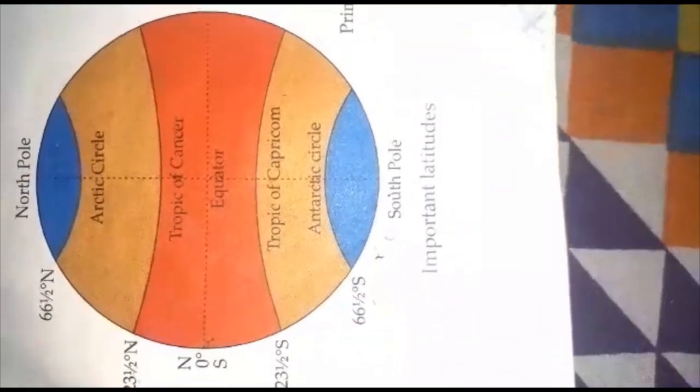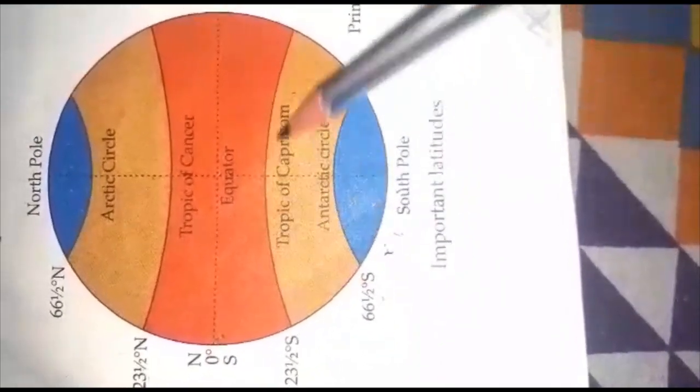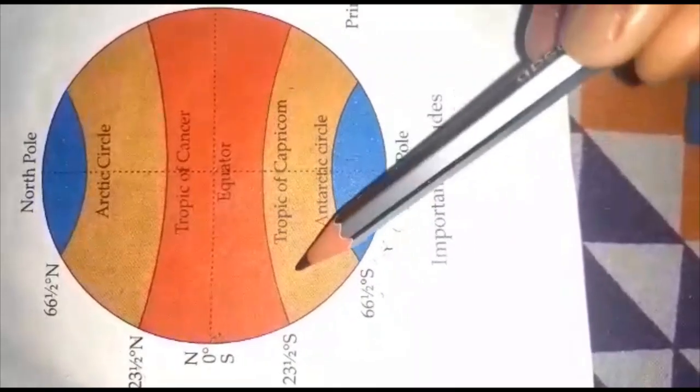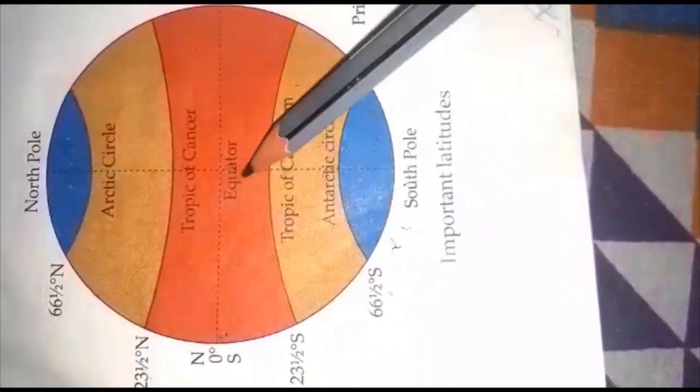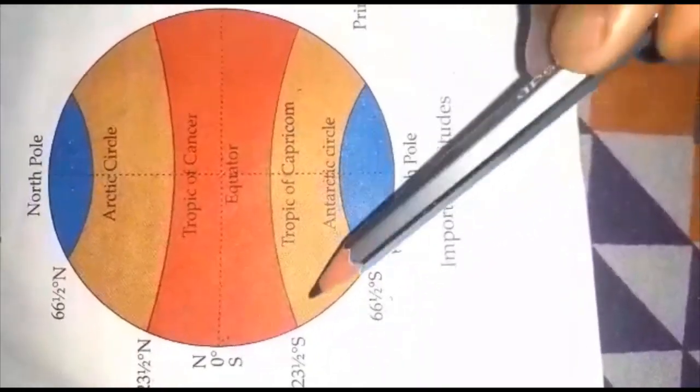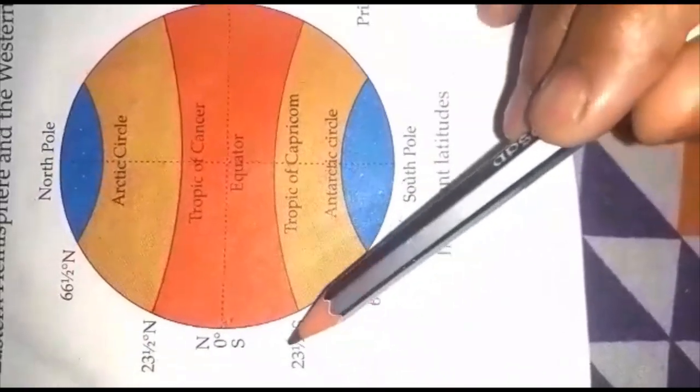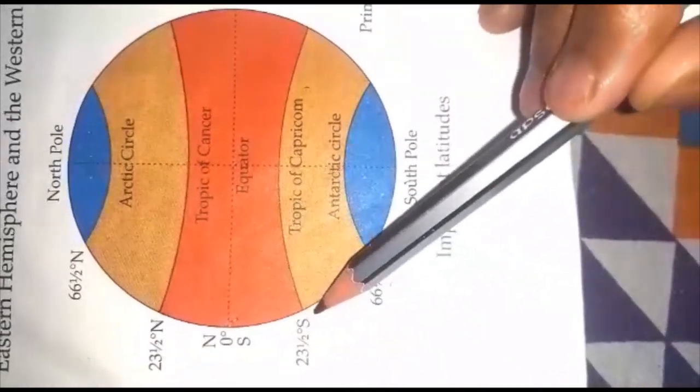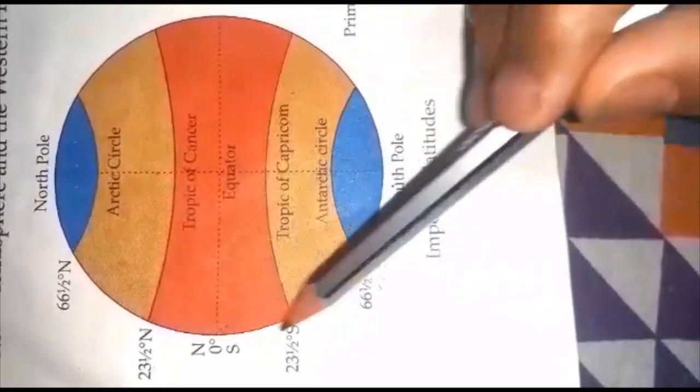The next important parallel is the Tropic of Capricorn. It lies in the southern hemisphere, at 23 and a half degrees south from the equator.